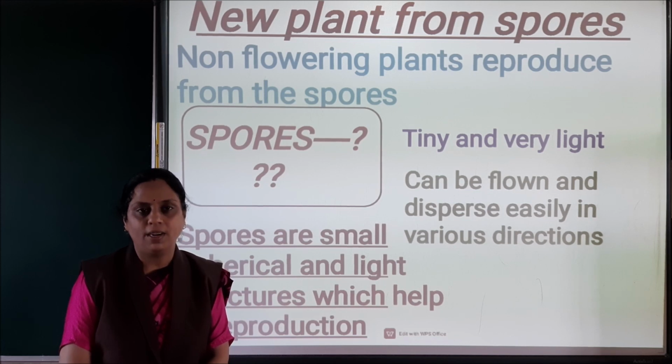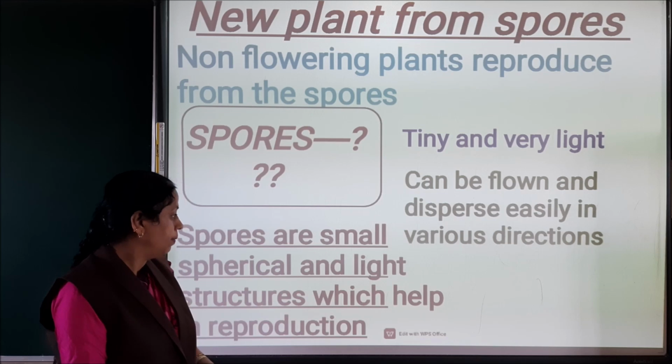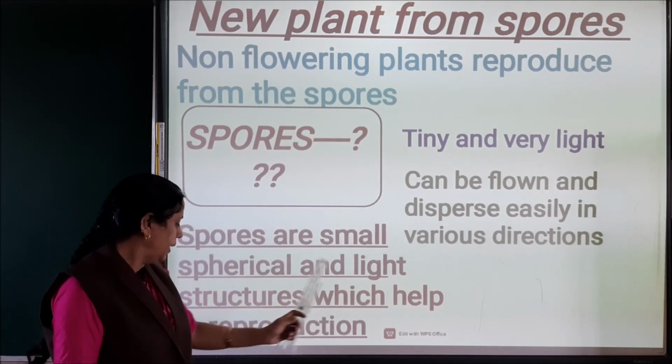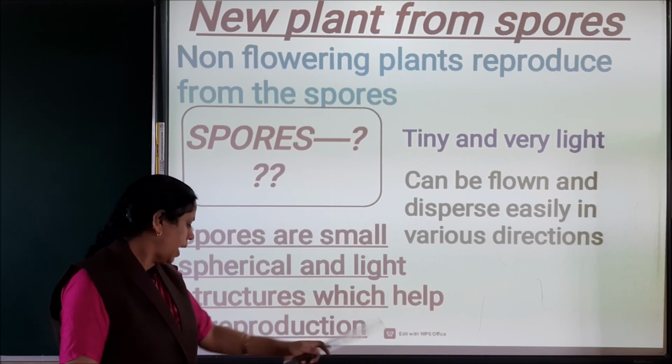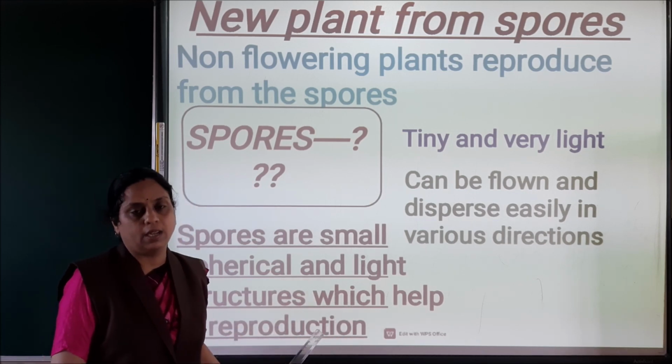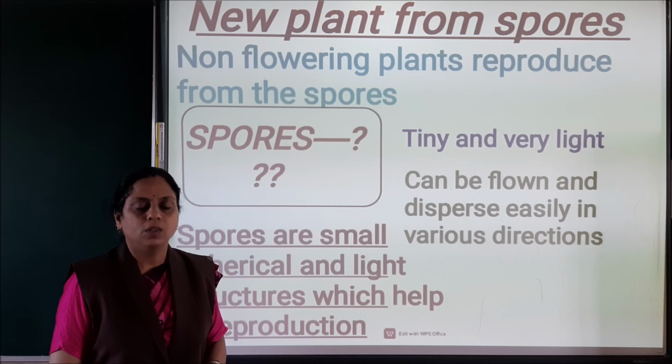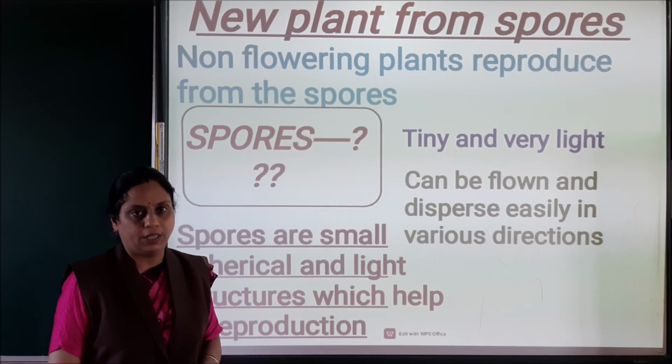Now, you must be wondering, what are spores? Spores are small, spherical and light structures which help in reproduction. They are so tiny that they are also known as microscopic structures. So they can easily flow in various directions.